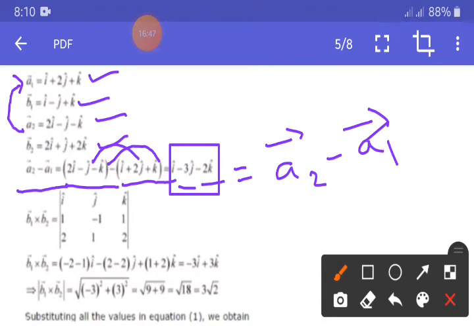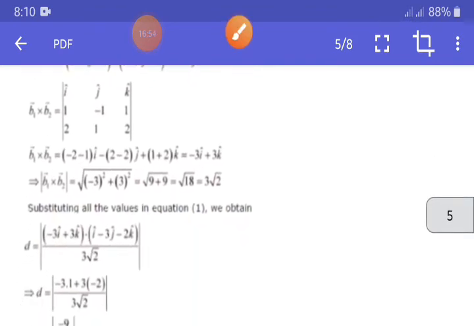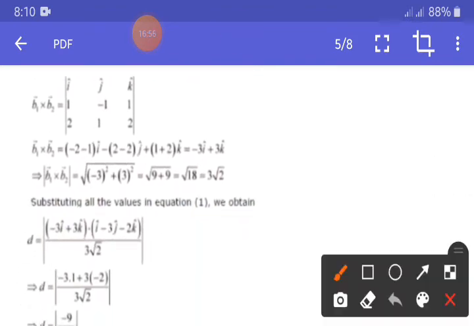Next, to find B1 vector cross B2 vector. B1 vector, the coefficients of i, j, k are 1, minus 1, 1, and B2 vector 2, 1, 2.